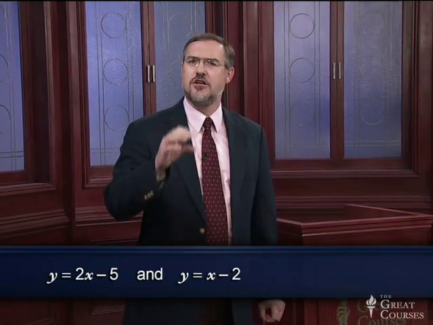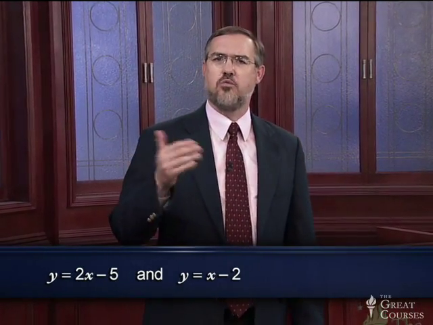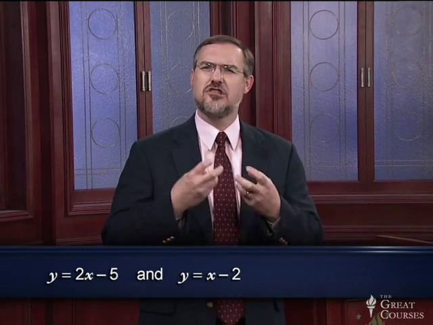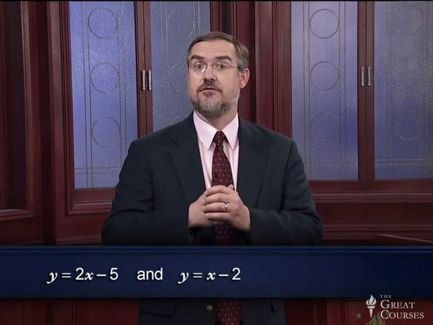Now, to start talking about solving these kinds of systems by graphing, we need to ask a very special question. From a graphical perspective, from a visual perspective, what does a solution to the system y equals 2x minus 5 and y equals x minus 2 look like? I mean, what does the solution really mean from a visual perspective?